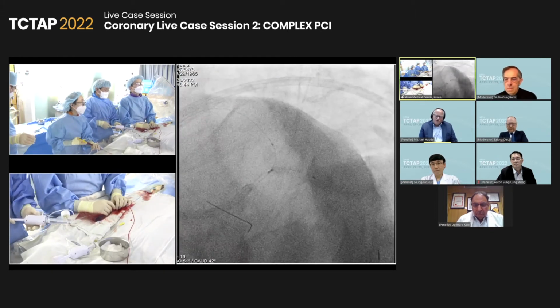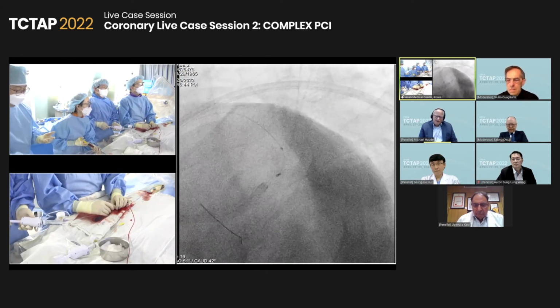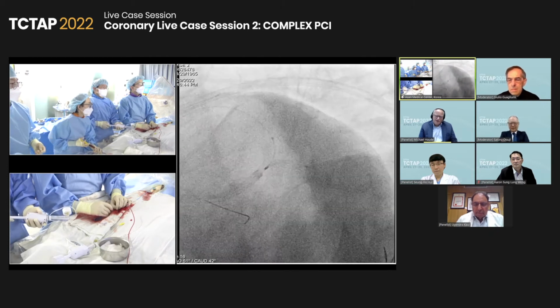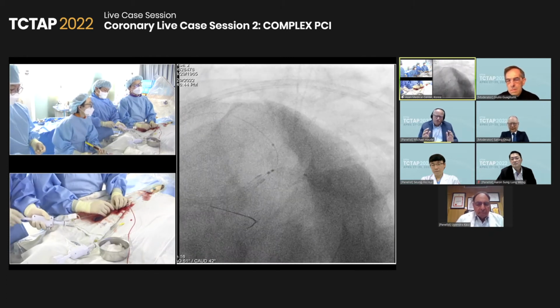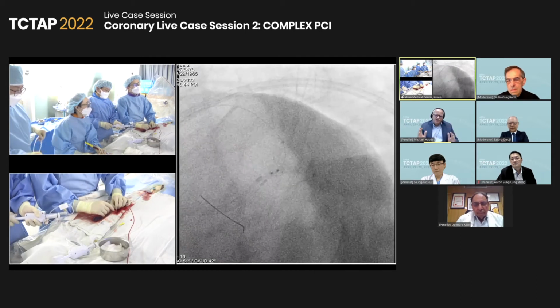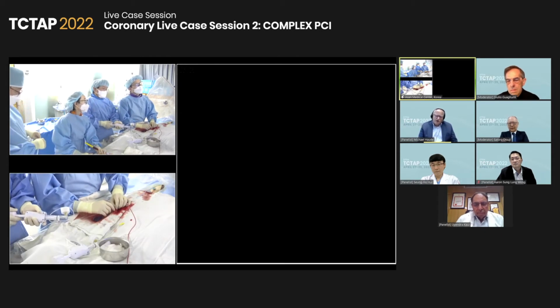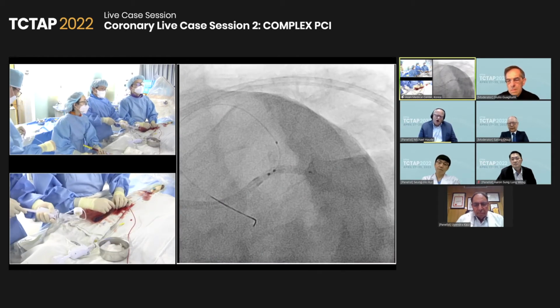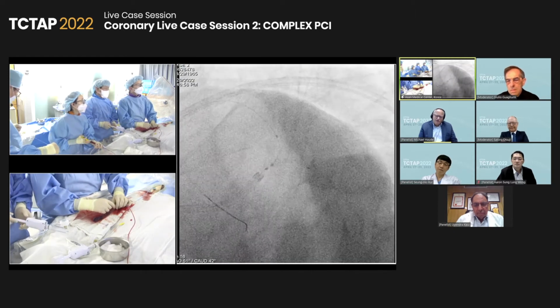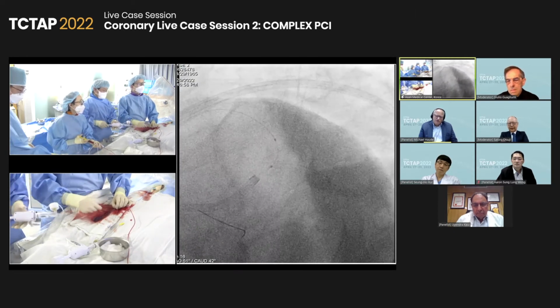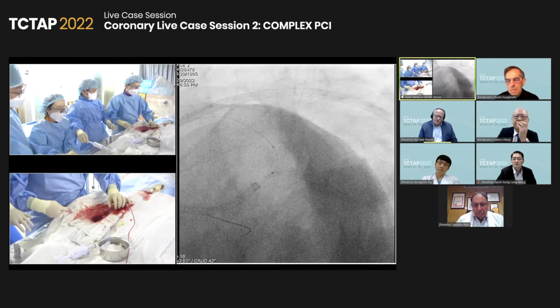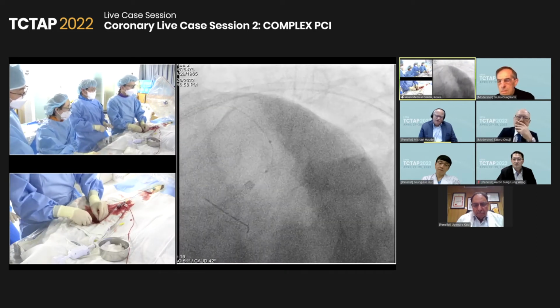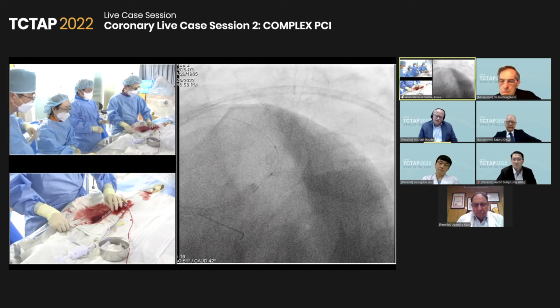So what I would do here is IVL in order to prepare the calcium, to make it a little bit more crackable, in particular this eccentric part. So I would do IVL at least of the LAD to left main, see what we achieved there, and then decide whether I would also need to do IVL in the direction of the ostial circumflex artery.